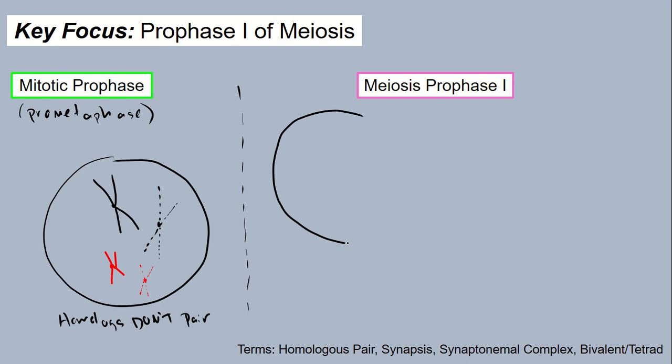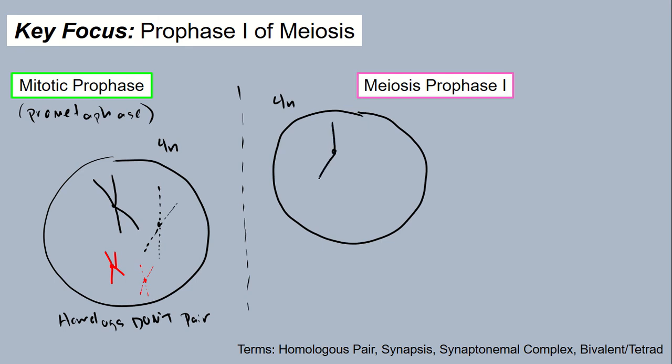If I draw the cell out here, the genomic content of the mother cell in mitosis is 4N. We have the same 4N genomic content in meiosis because the genome has replicated. If we have our two sets of homologs, they look a little bit different.